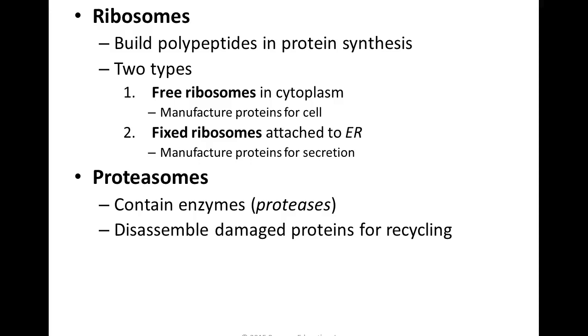Fixed ribosomes are attached to the endoplasmic reticulum to further facilitate. So free ribosomes would be part of the beginning of putting the amino acids together. Fixed ribosomes further facilitate that design of a protein.